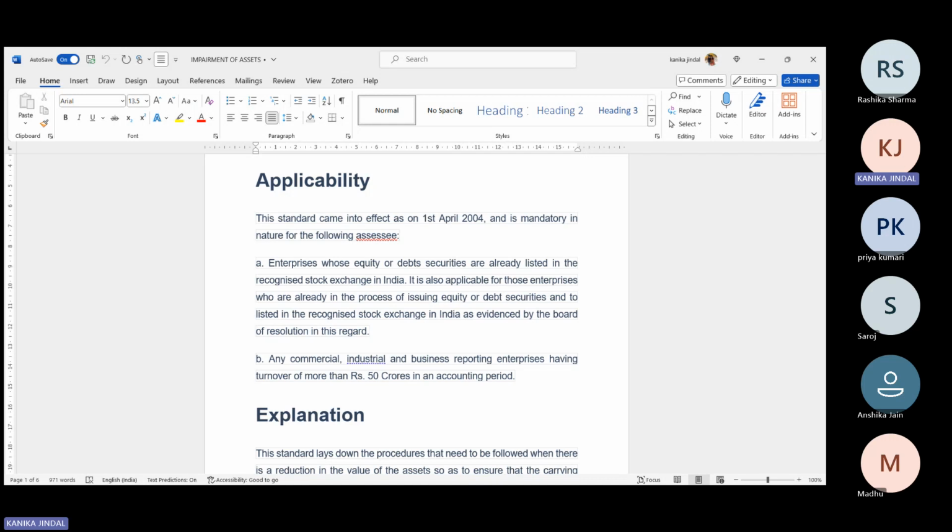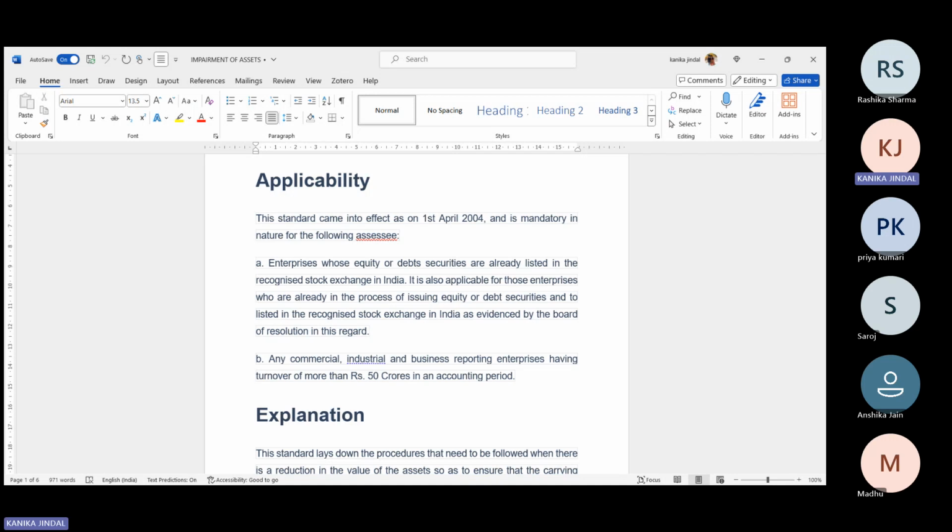Second is any commercial, industrial or business reporting enterprise having a turnover of more than 50 crores in an accounting period. They also have to mandatorily apply this accounting standard of impairment of assets.